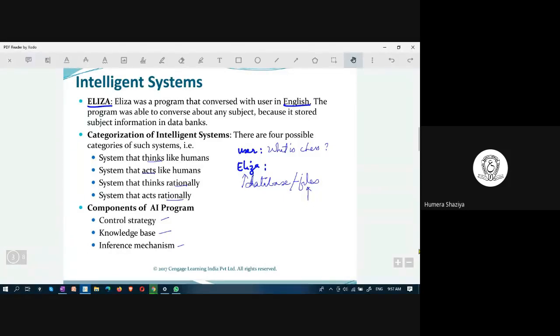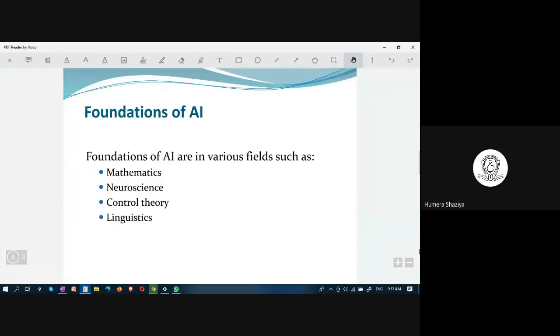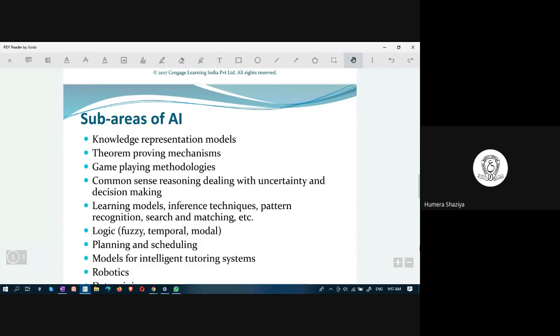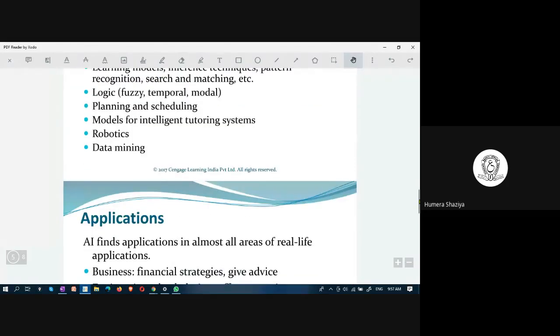Then you have foundations of AI. AI is not an individual topic or area, it has got its foundations from various fields such as mathematics, neuroscience, control theory, and linguistics. And these are the sub areas of AI that include knowledge representation, theorem proving, game modeling, common sense reasoning, learning models, logics, planning, models for tutoring systems, robotics, data mining.